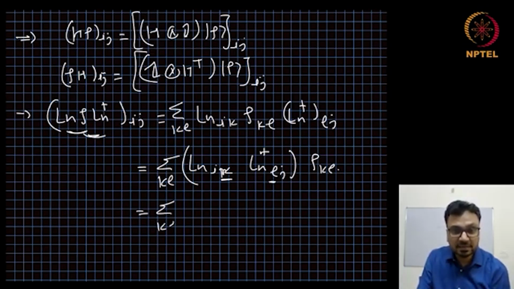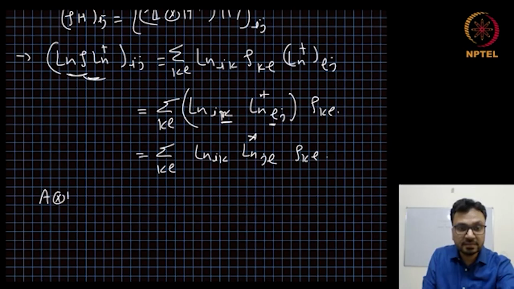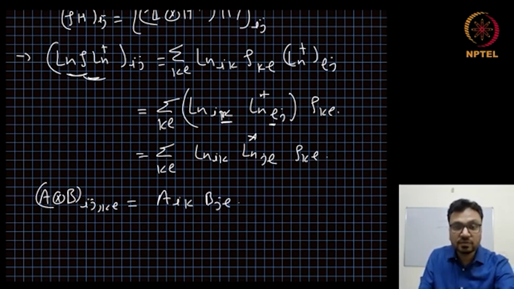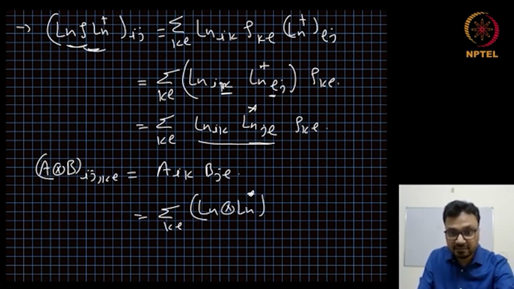So we can see that Ln ik, we can write that as Ln star jl, rho kl, and if we see that a tensor b, ij kl element is a ik b jl, then from here we can see this term can be written as sum over kl Ln tensor Ln star, that will be the ij kl element, and rho kl.